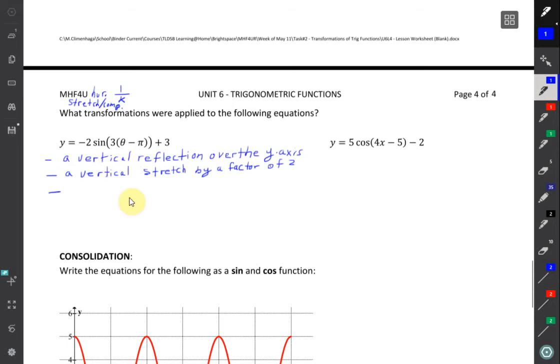So looking at this function, this is a horizontal compression by a factor of 1/3.